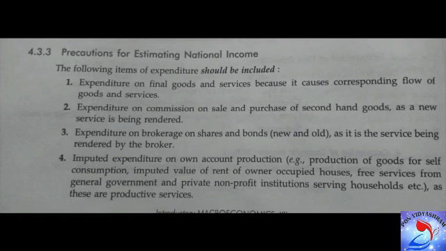Third, expenditure on brokerage on shares and bonds, as it is a service being rendered by the broker. Fourth is the imputed expenditure on own account production, that is production of goods for self-consumption, imputed value of rent of owner-occupied houses, free services from general government and private non-profit institutions serving households, etc. These should be included because these are productive services.